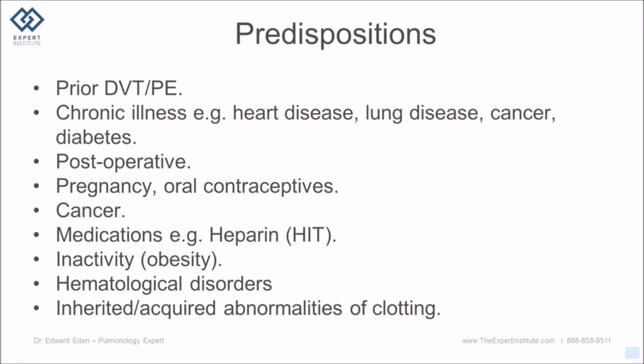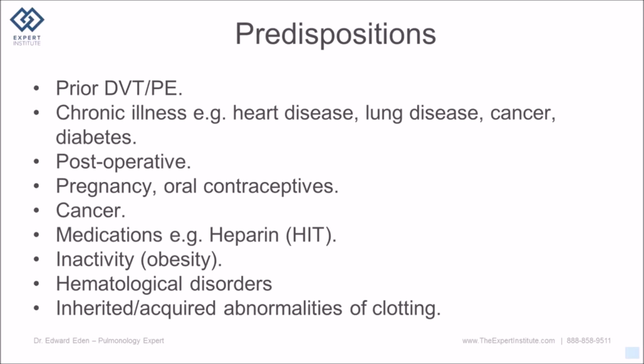We all know about oral contraceptives, pregnancy. I've already mentioned cancer. Some medications, even blood thinners themselves, can sometimes predispose to pulmonary embolism. Inactivity, particularly after long journeys, on a long flight or a long car ride, can predispose to pulmonary embolism.